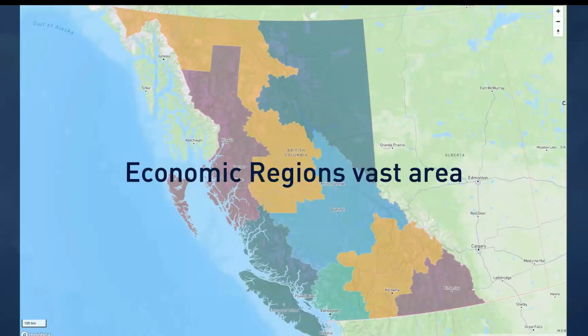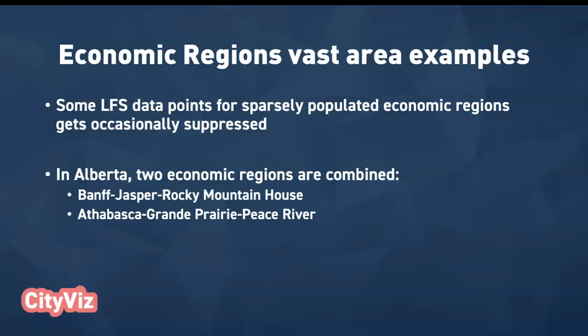Another example, and it's really drastic, is the Alberta economic regions, which are super sparsely populated. Statistics Canada, in order to come up with meaningful numbers, had to combine 2 economic regions and publish the numbers as if they were one. We will now see the map which showcases that.